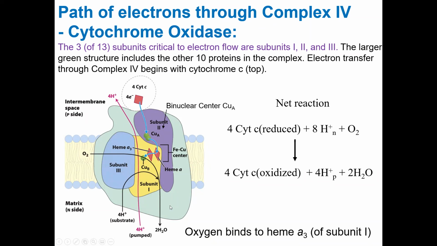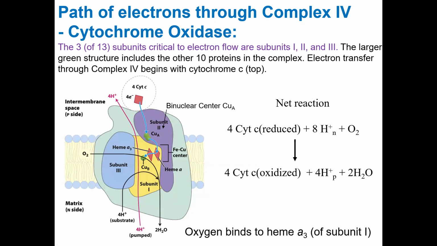The green that you are seeing in the back are required, and they are the remaining 10 peptides in the complex. They do play a role, but the electron flow is mostly communicated through complex subunits 1, 2, and 3 here. Okay.